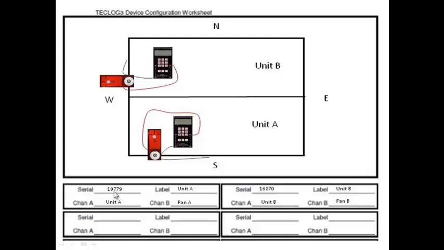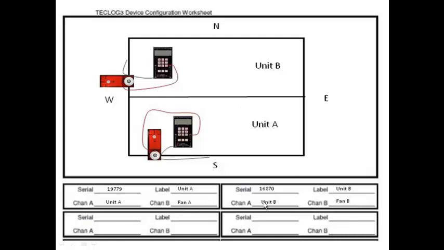We're going to label the first one as Unit A, so that's our Unit A DG700, and we're also labeling channel A our envelope pressure, that's our Unit A envelope pressure, and channel B is our fan flow for fan A, fan in Unit A. And you can use whatever naming convention you like, as long as you understand which one is going to which.